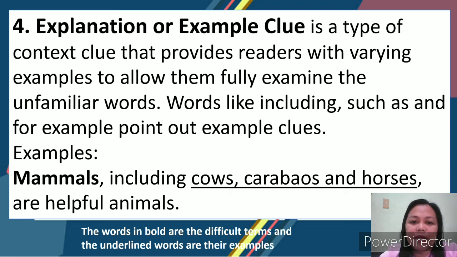So you can understand this type of clue because examples follow. Example: mammals including cows, carabaos, and horses are helpful animals. So from there, you can understand the unfamiliar word because the examples follow. So that is all for today.